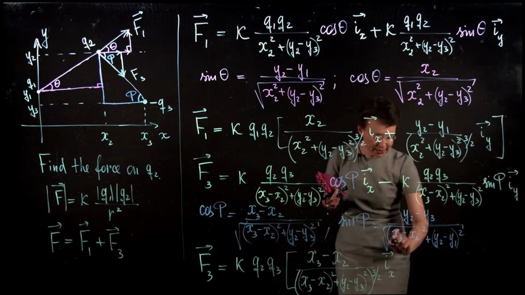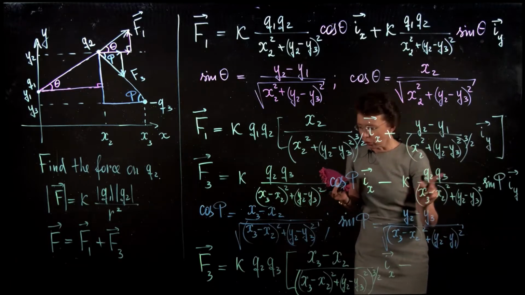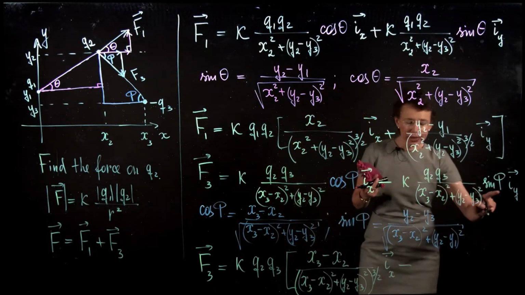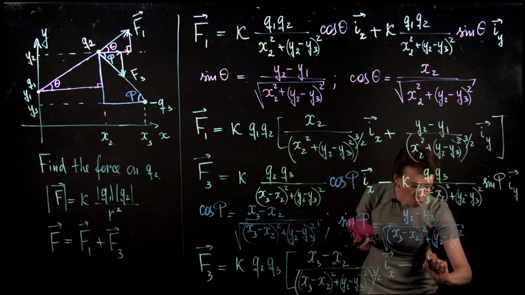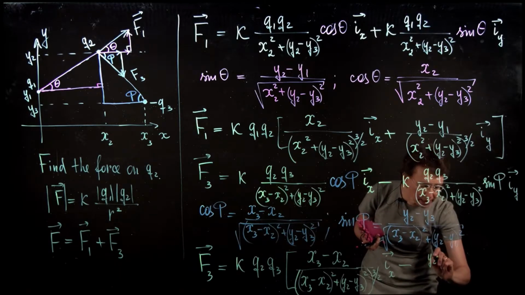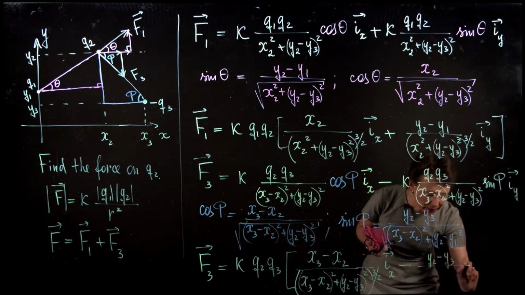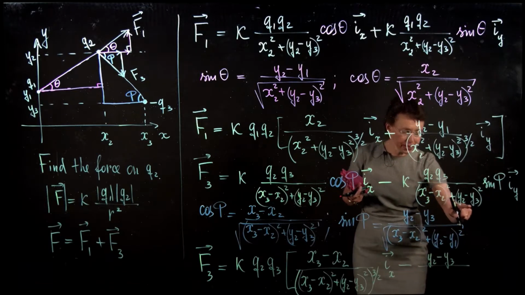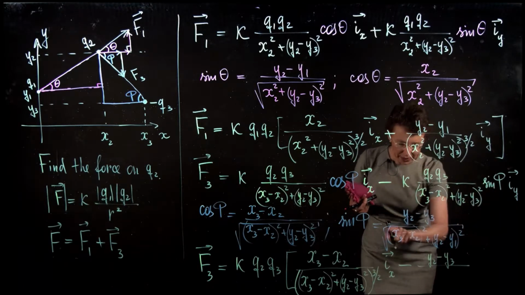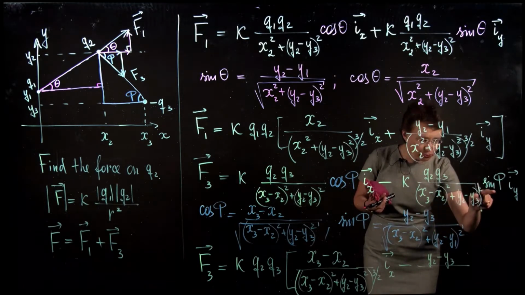And then minus k, q2, q3 we factor out. Then sine phi is y2 minus y3. We divide by this guy to the power 1, and the same guy to the power 1/2 from sine.